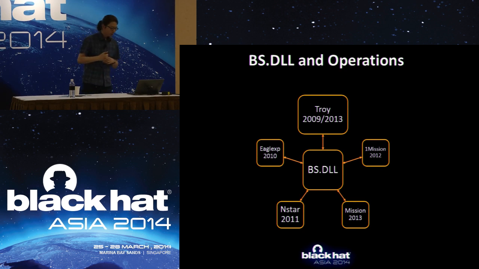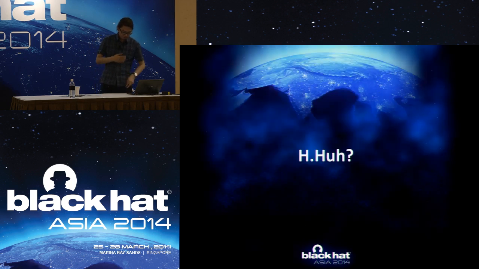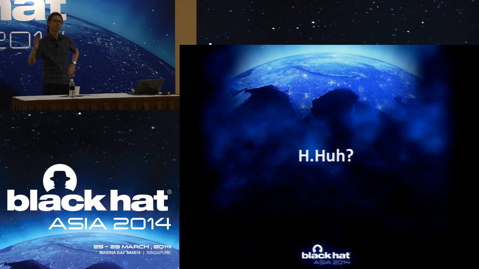Sorry, mission 2013, one mission 2012. When I got those, I just couldn't believe it was the end, because it goes from 2013 all the way back to 2011, 2010. I just can't believe it's the end.